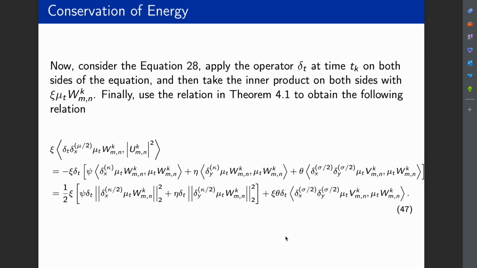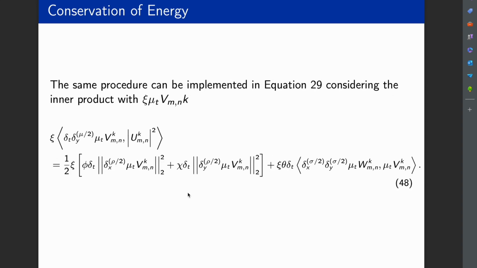The second step is going to be taking equation 28, also applying the operator delta t, and multiplying both sides by the following part. This equation is going to be used later.